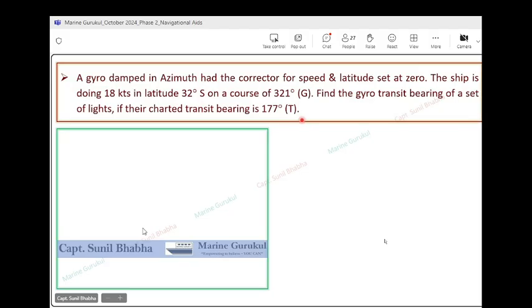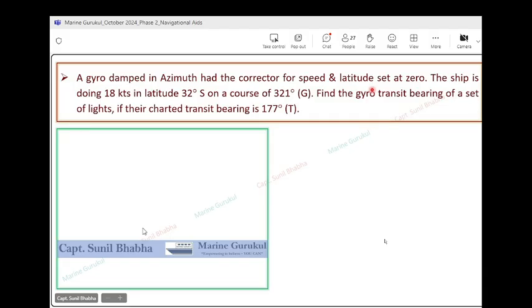Now at the first instance, this question looks a little difficult to understand. They are talking of a speed and latitude corrector. We don't have any such corrector in the modern generation gyros which we use nowadays on board. In this question they are talking about old generation gyros in the pre-GPS era, when there was no GPS available on board.